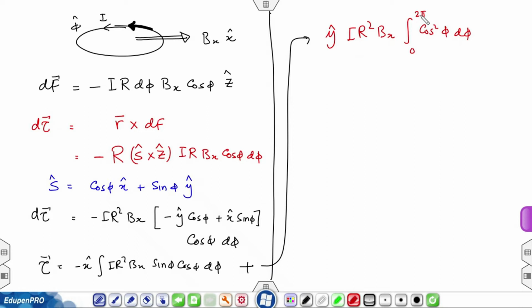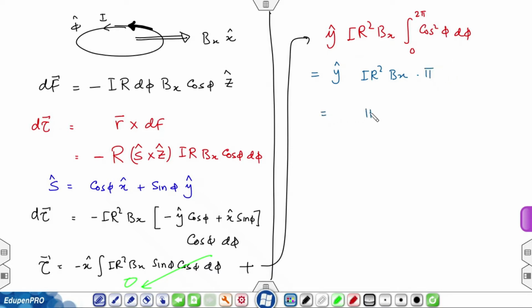The first term vanishes, sin phi cosine phi integrated from 0 to 2 pi is 0, and therefore, I get the torque to be equal to y I r square Bx times the integral of cosine square phi d phi from 0 to 2 pi, which is pi.